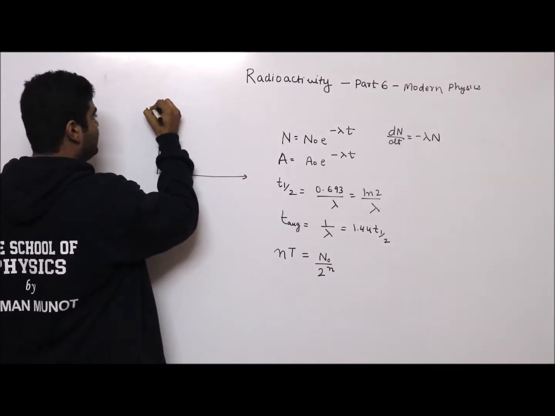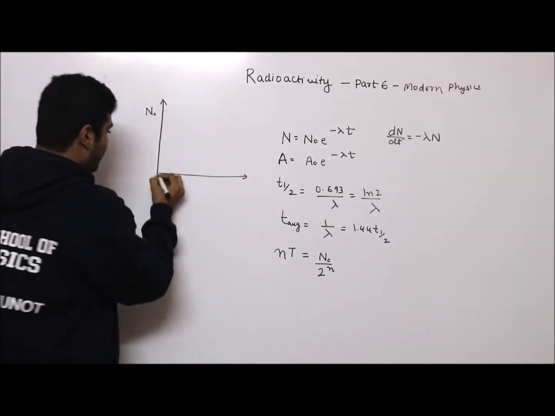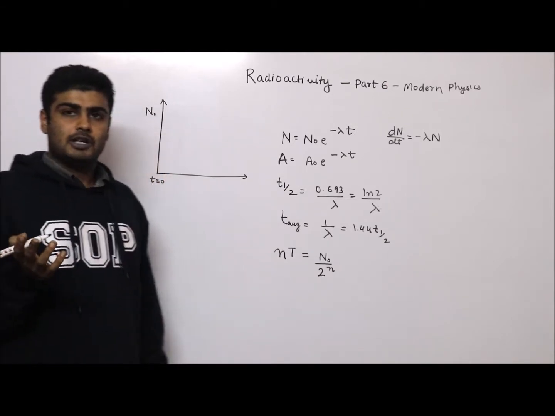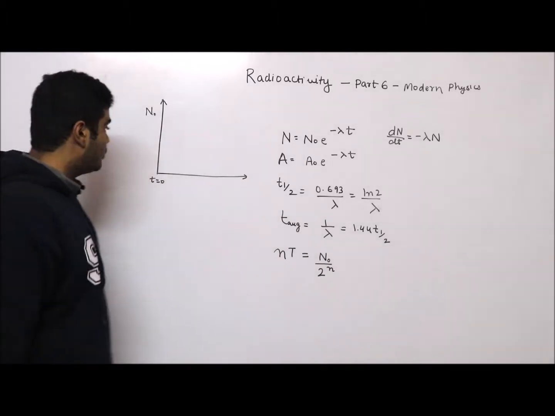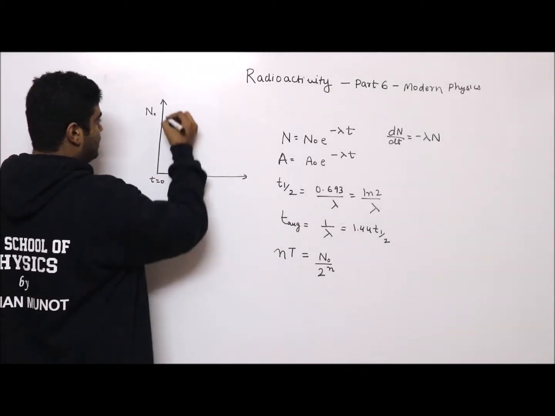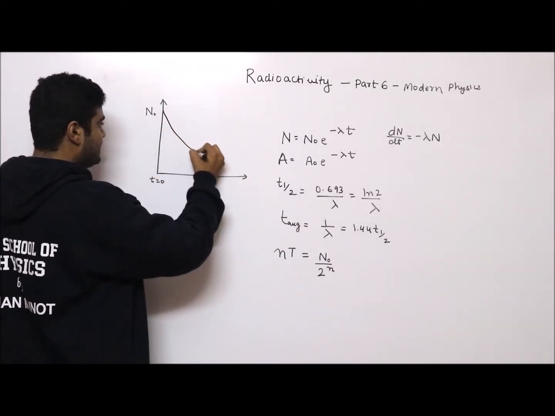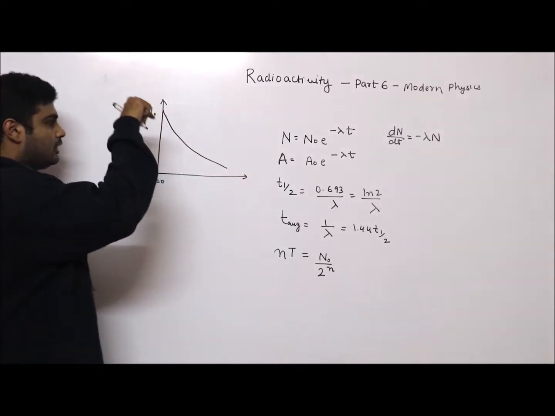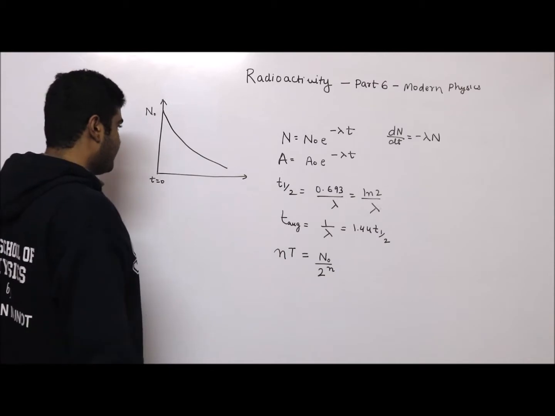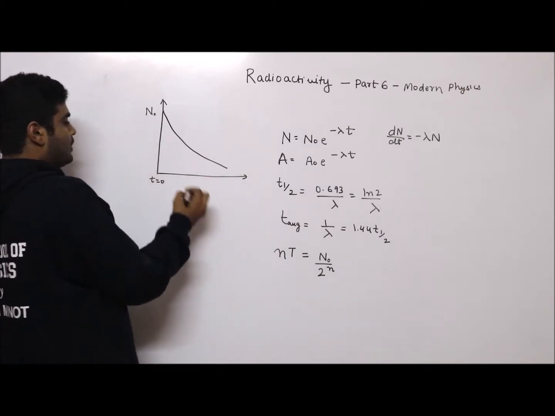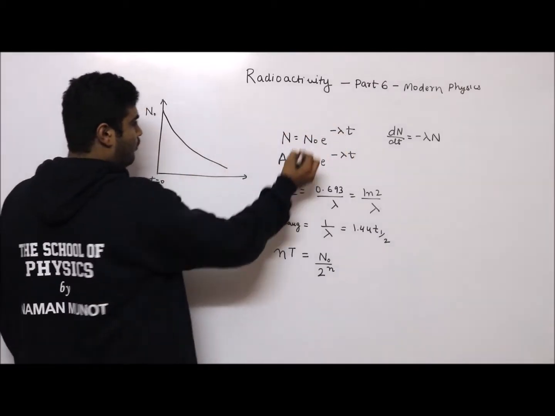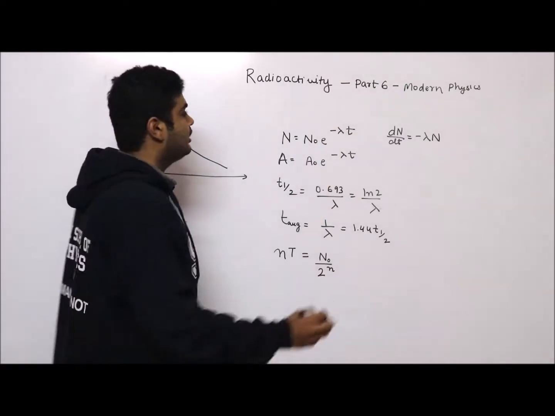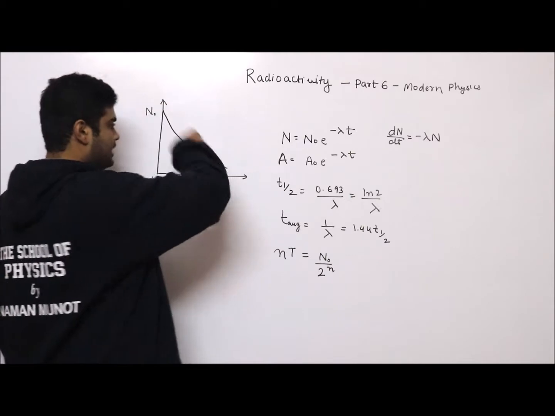Suppose you have N₀ nuclei at time t = 0. This nuclei will decay and the number of nuclei will keep on decreasing with time. At any time t, λ is the disintegration constant for this decay.